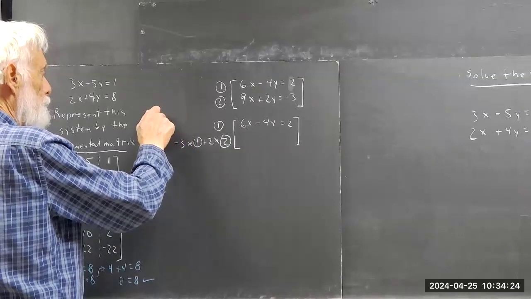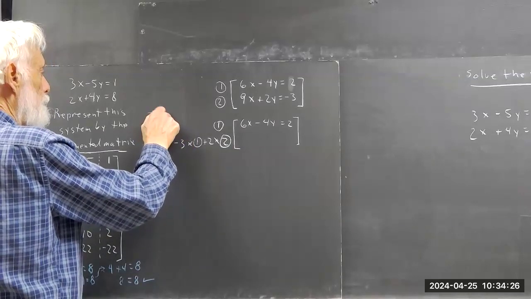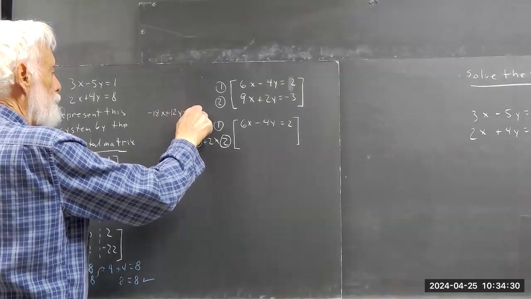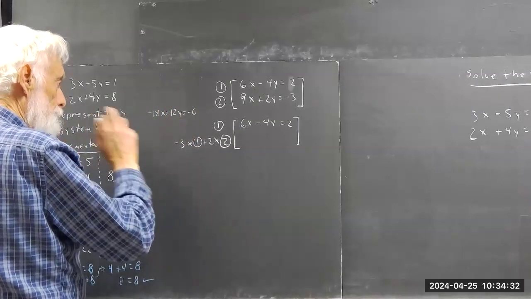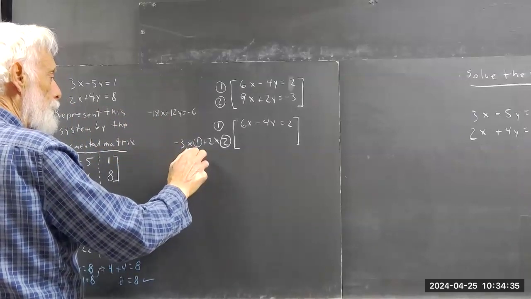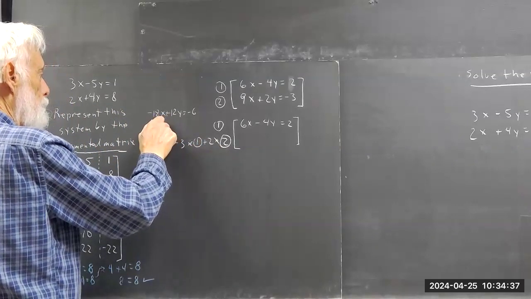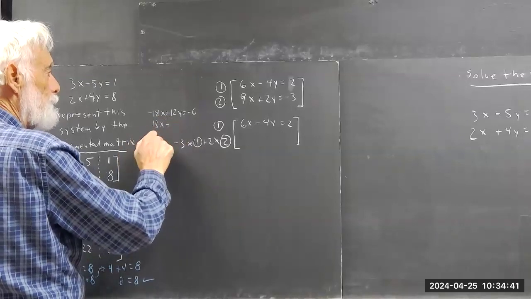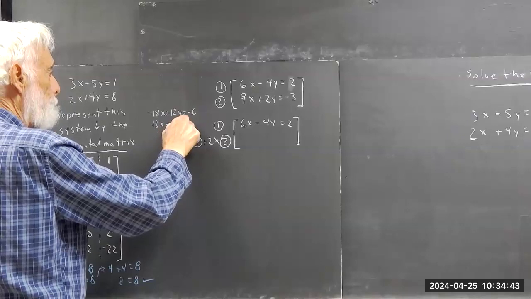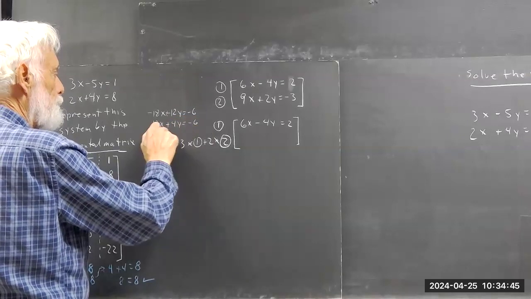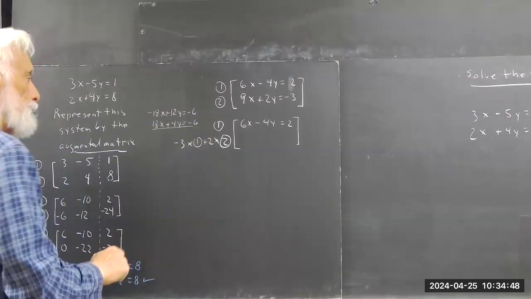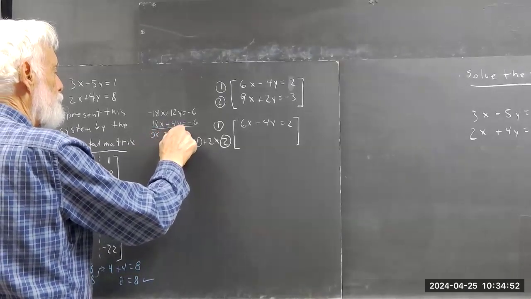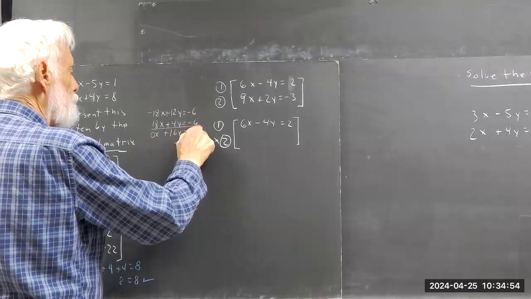I would write out -3 times equation 1. That'd be -18x plus 12y equals -6. And 2 times equation 2, which would be 18x plus 4y equals -6. And when we add those together, we're going to get 0x plus 16y equals -12.